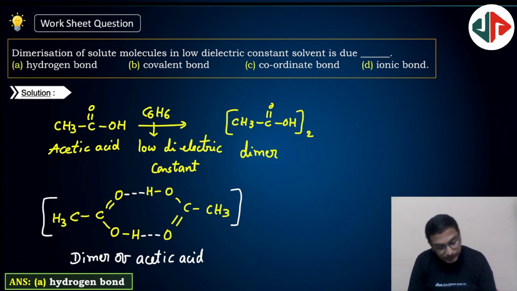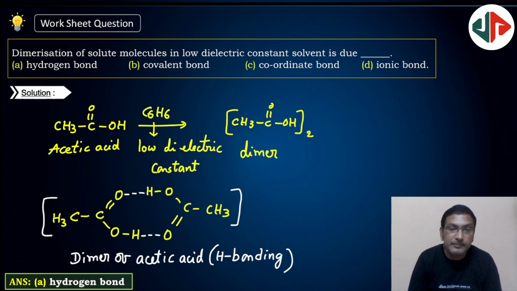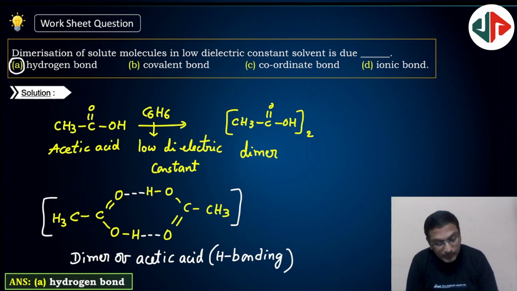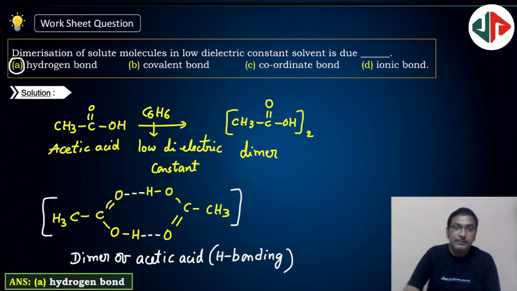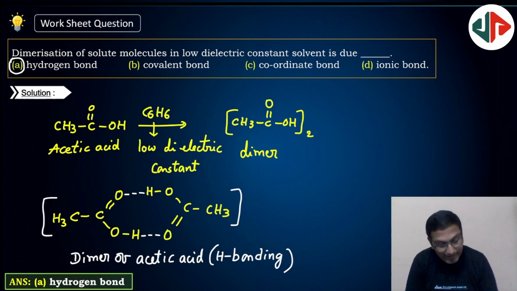So due to hydrogen bonding, therefore option will be A. So dimerization is due to hydrogen bonding in low polar solvent or low dielectric constant solvent. Next one.